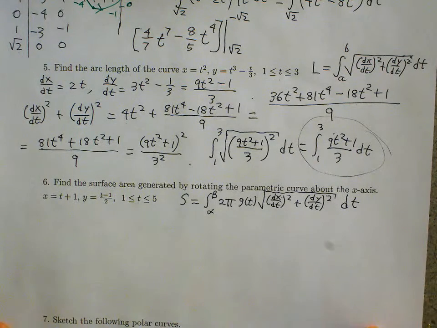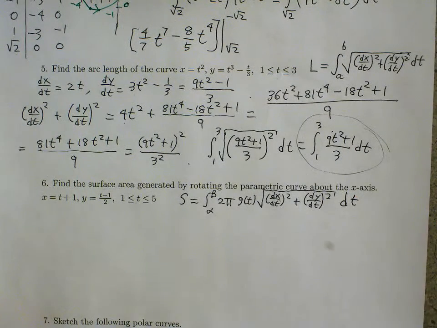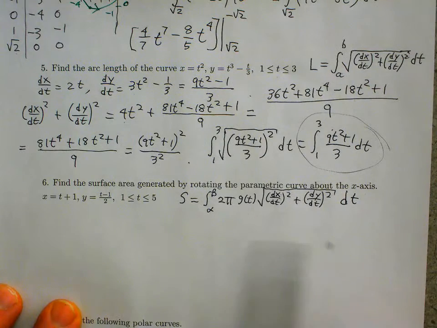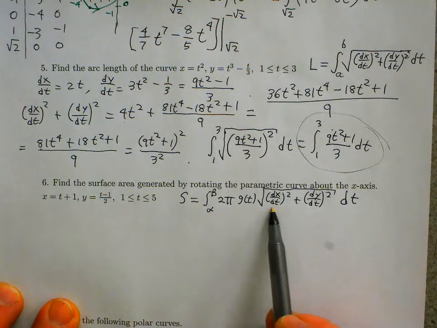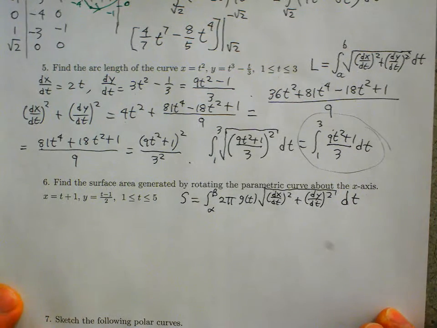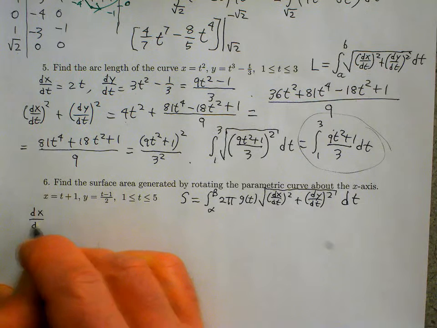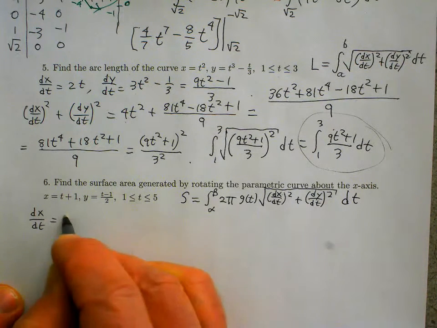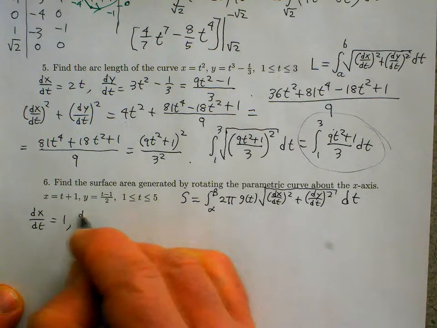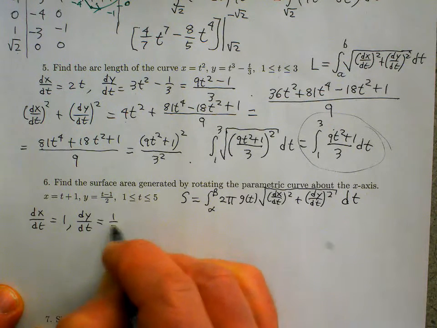Okay, that's our surface area formula for parametric curves if it's rotated about the x-axis. So we might as well focus on dx/dt squared plus dy/dt squared first. dx/dt is just 1. dy/dt is 1/2.